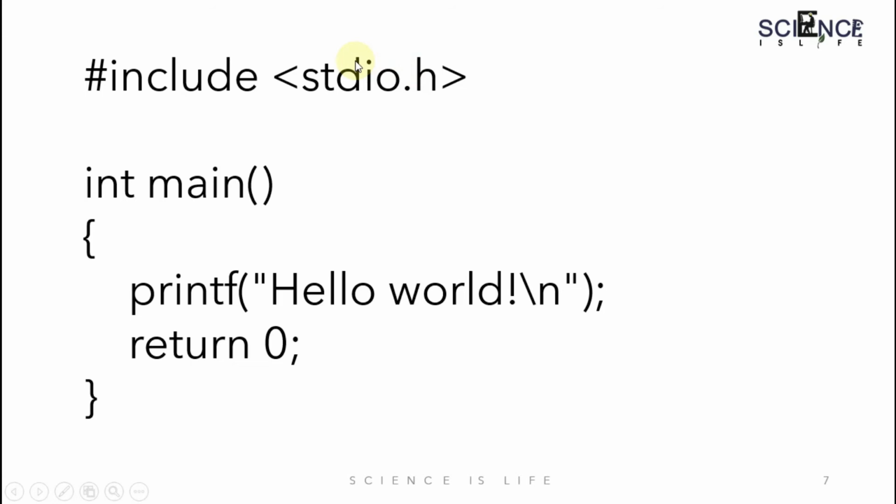And we will learn what printf and scanf are in detail in the next video. Today we need to use a very simple printf statement to have the output hello world only. So that is why we included this stdio.h header file here, right?